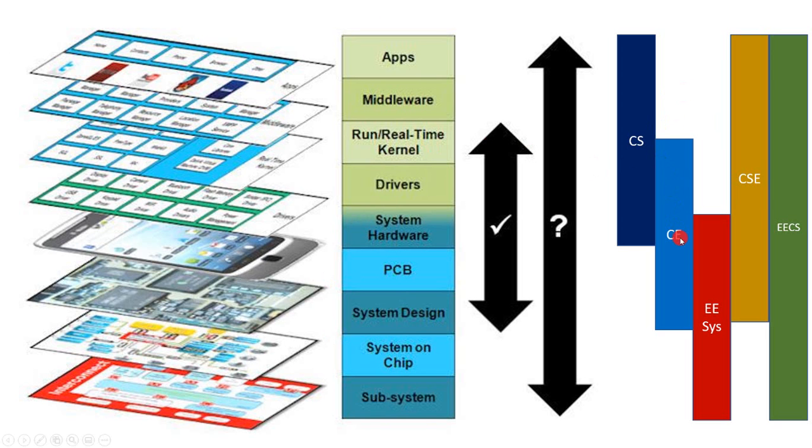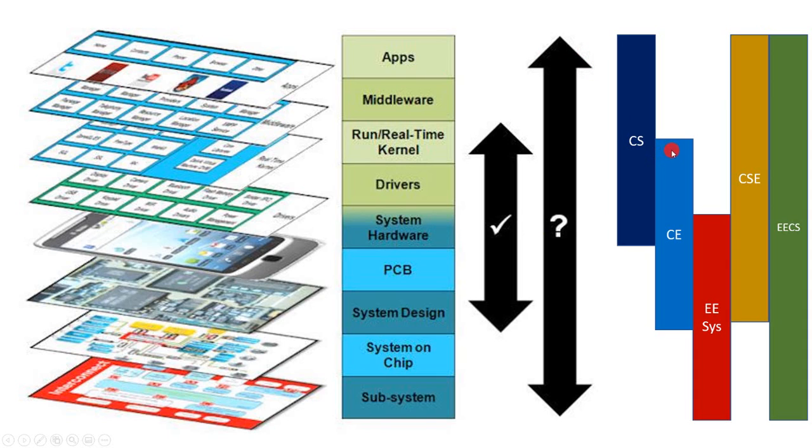And in the CS, CE, EE, CSE, EECS disciplines, they come from software application, firmware, to system, and to drivers, to system hardware, to PC board, to system, to IC, to subsystems, different levels. Computer science basically from instruction set level up to the application.